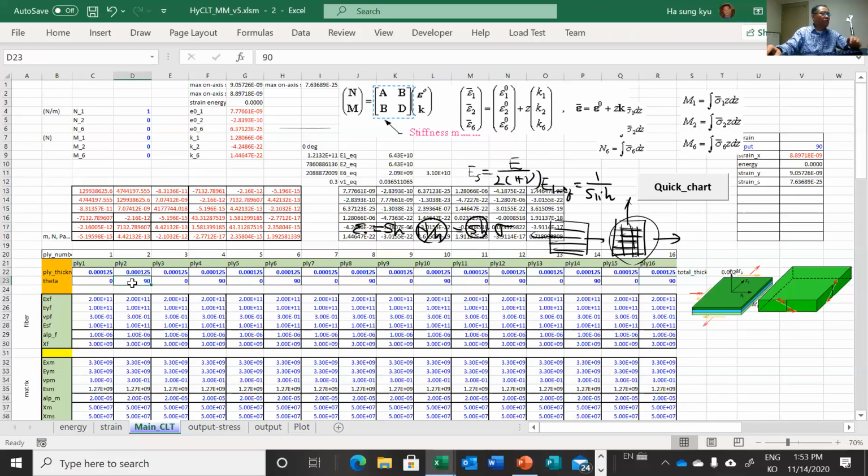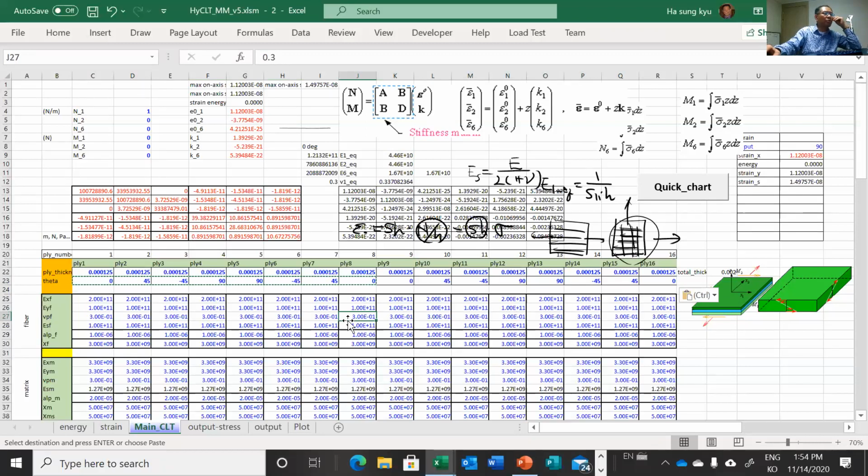Now let's try 45, minus 45, 90, and 0. And this one, as I explained, it is isotropic.